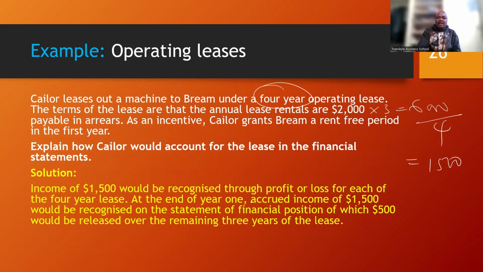At the end of year 1, accrued income. Previously, it was an accrued expense, but this time around, it's accrued income. It would be recognized on the statement of financial position, of which 500 would be released over the remaining 3 years of the lease. Please replay that part of the video to get the idea of what we are talking about.